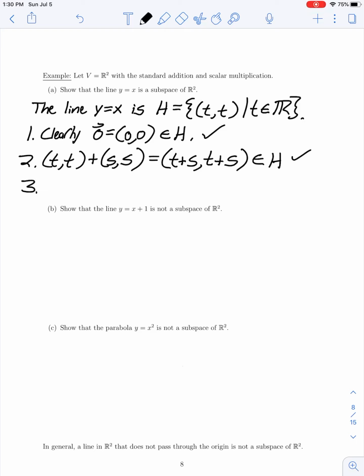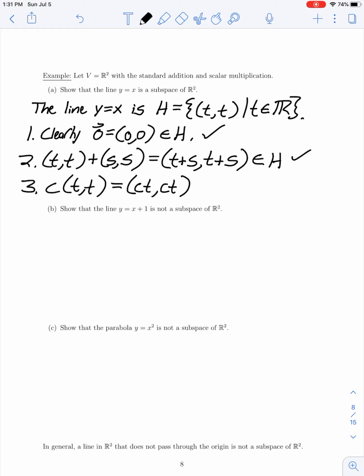And the third property that we have to check is closure under scalar multiplication. So for any scalar that I take, let's say some number c, if I multiply it by a vector in the set H, something of the form (t, t), using the standard scalar multiplication for R2, I would have the vector (ct, ct).